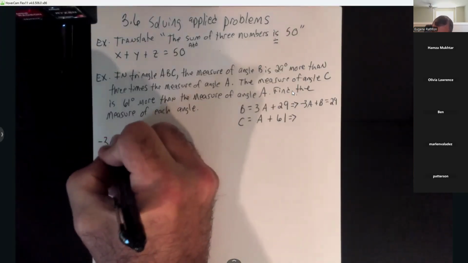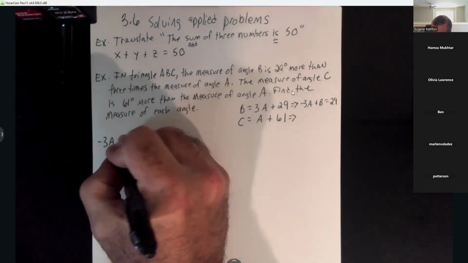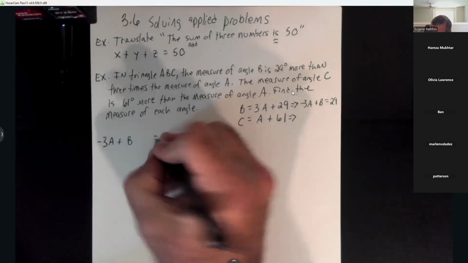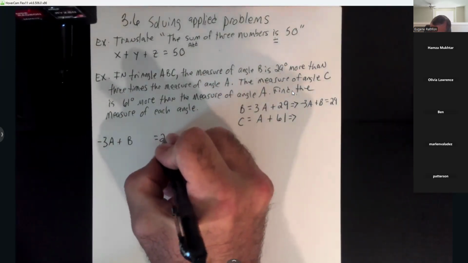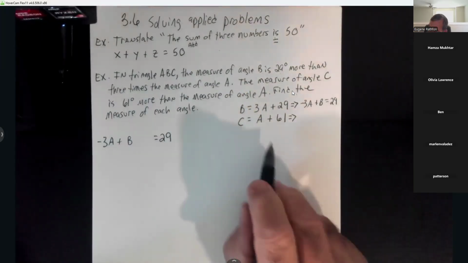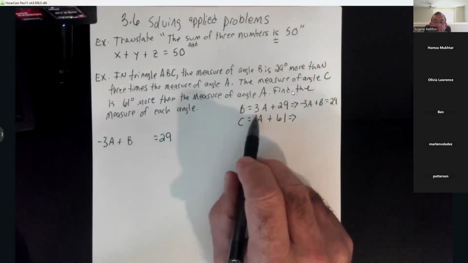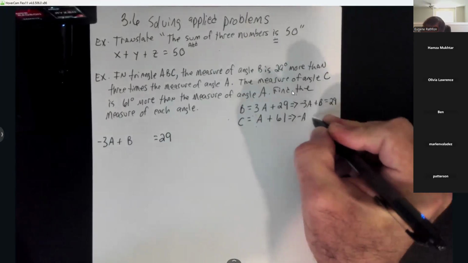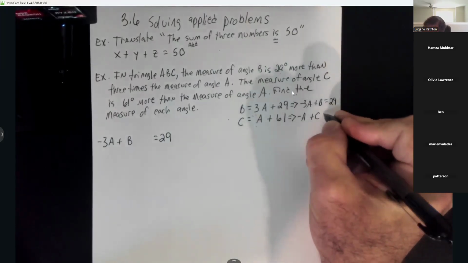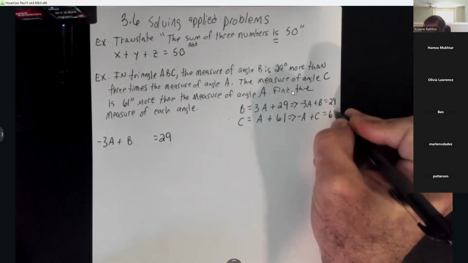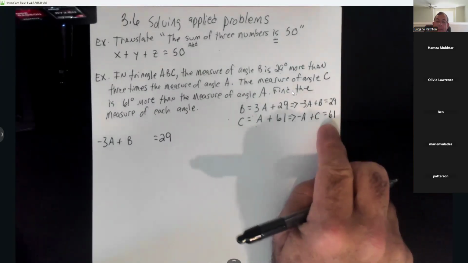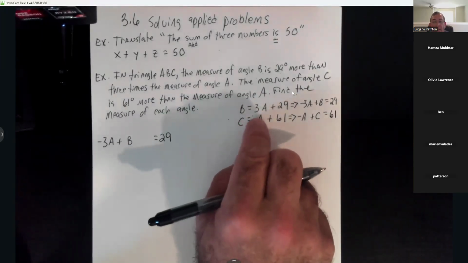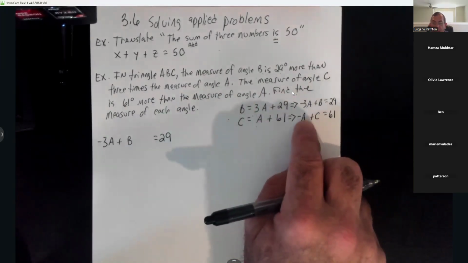Negative 3A plus a B. Leave space for the C, and that's going to equal 29. So this one, if you move this A to the other side, you'll get a negative A plus C equals 61. So that saves you from having to subtract the A from both sides. Just move it over, change its sign, okay?